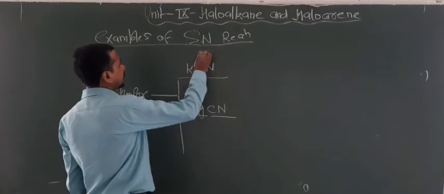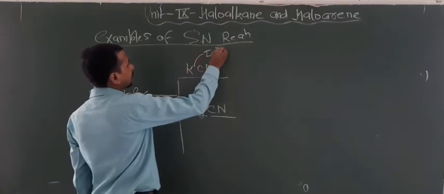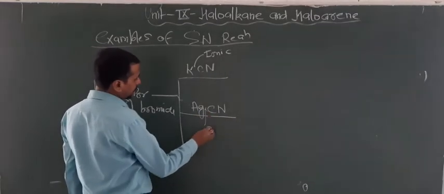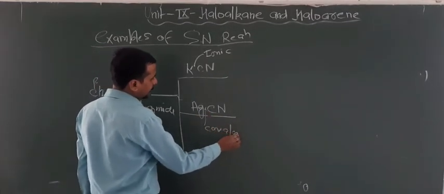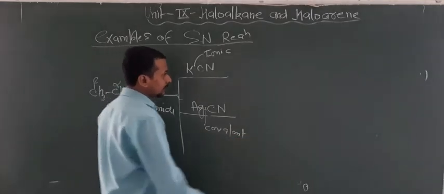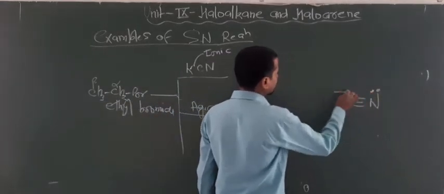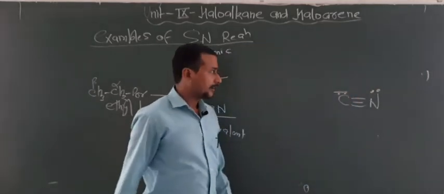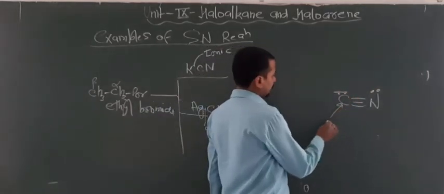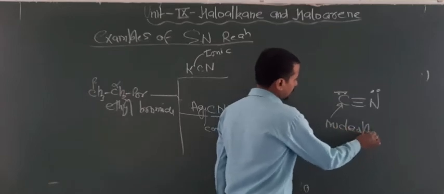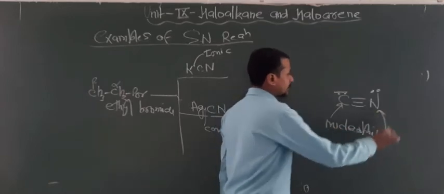Here again in KCN, the bond is ionic between K and CN, but between Ag and CN the bond is covalent. Now one more thing, cyanide ion is like this. Here it can donate, this is a nucleophile, and this also works as a nucleophile.